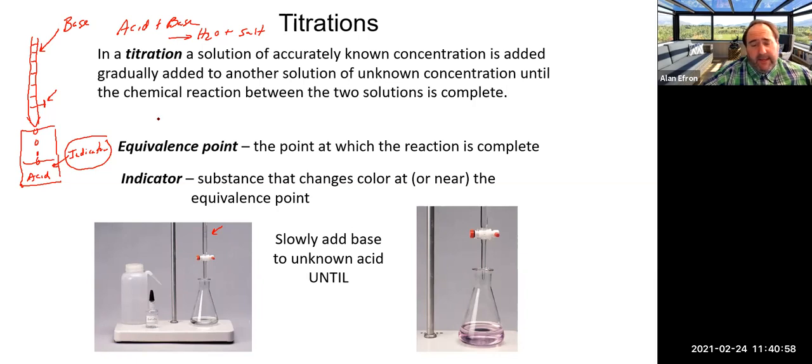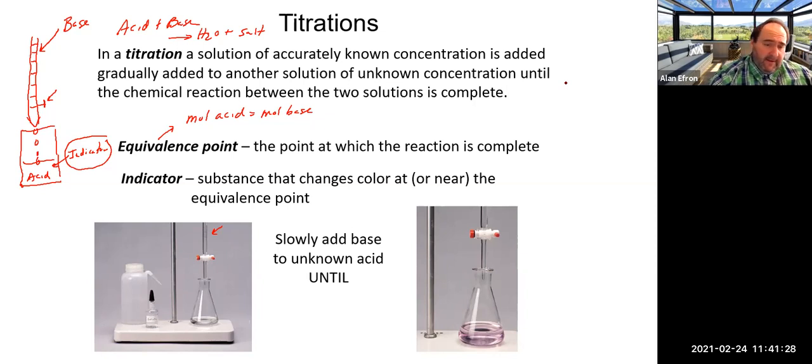At the equivalence point, the moles of the acid will equal the moles of the base. So it's the point where we've perfectly added exactly the right amount of base to the acid to completely neutralize all of the acid moles that we started with. That's basically the equivalence point.